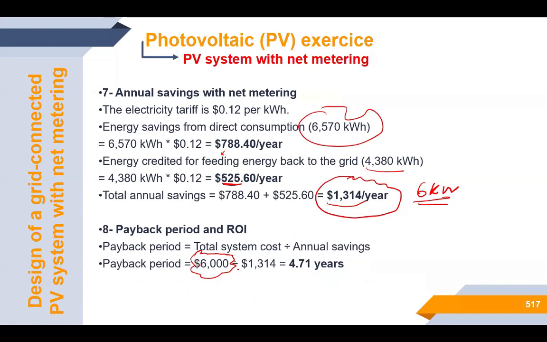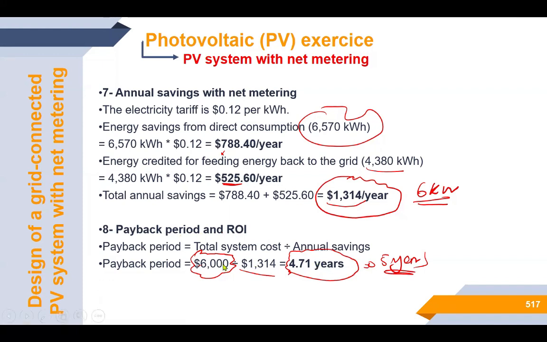Divided by the annual saving, it gives about 4.7 years. So we can recover the first investment of this PV system in about 5 years. Okay, in 5 years we can pay back the first investment of this installation based on the produced energy.